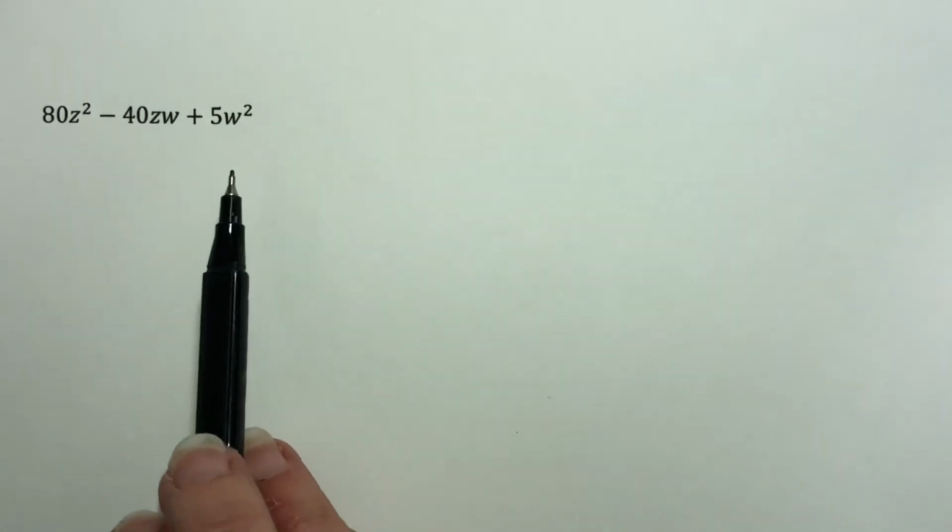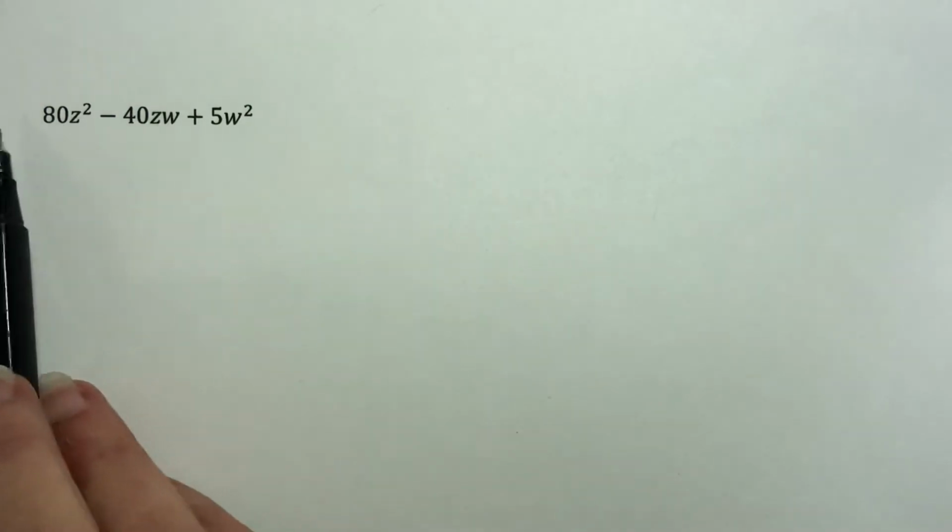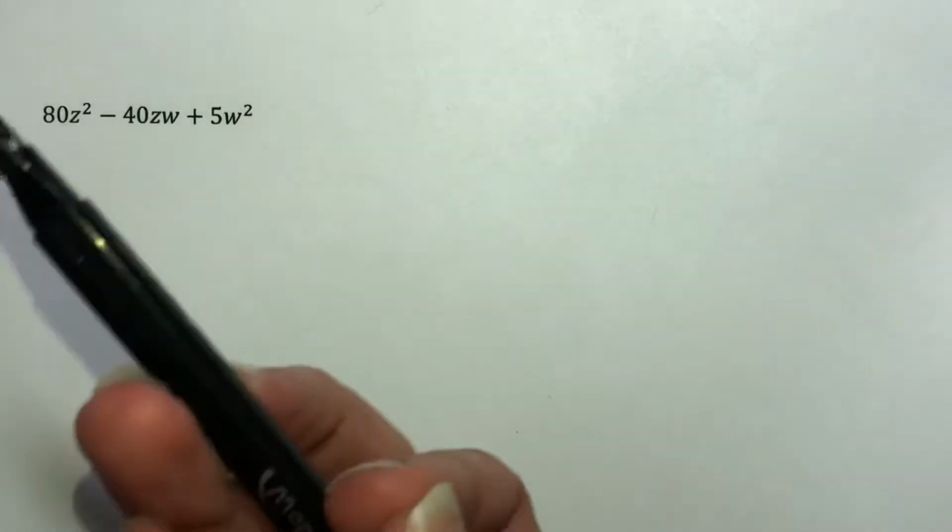80z squared minus 40zw plus 5w squared. Our first step is to always factor out a GCF. When I first look at this, I see that I have 3 terms. And the first thing I check is just looking ahead to see if I have perfect squares on the ends, and I don't.